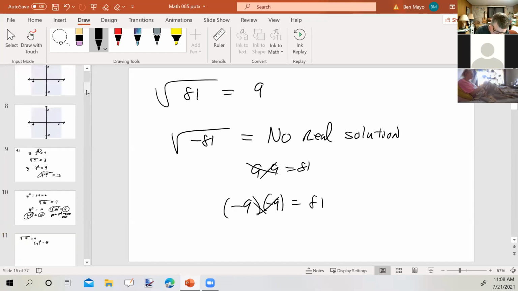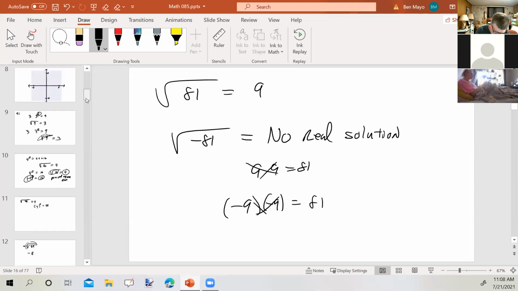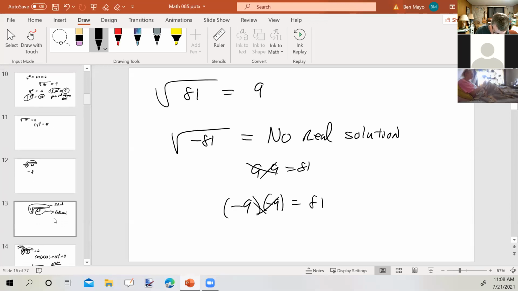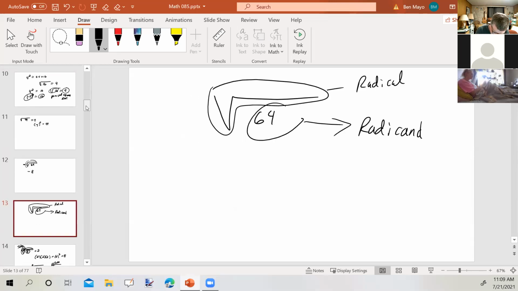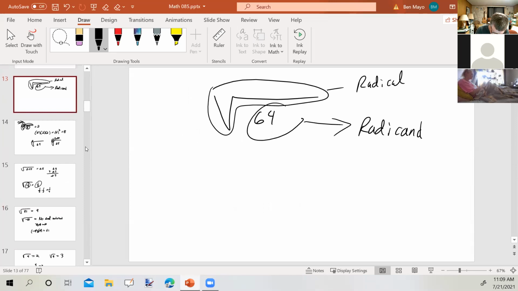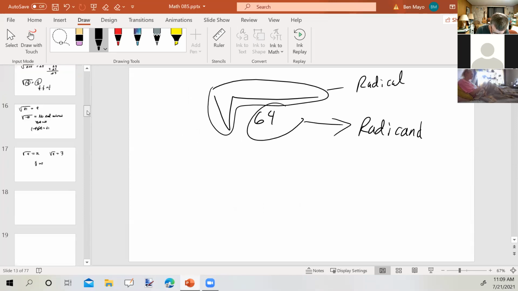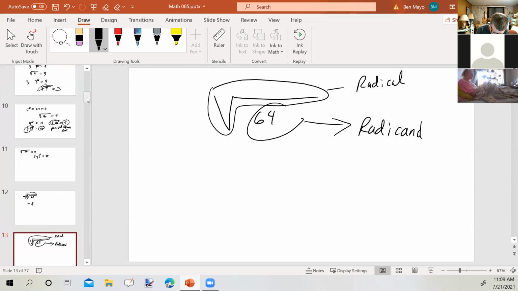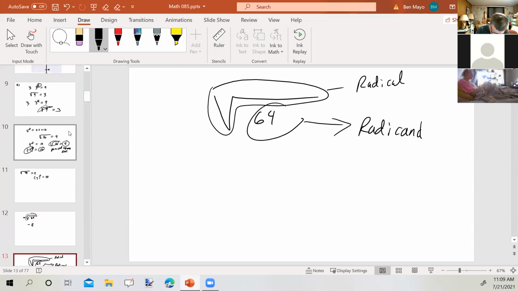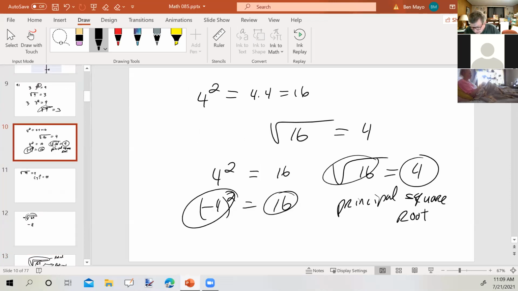Also, let's go back to this whole idea of the principal square root. Let's see, where was that? It's further down. Where did it go? There. When you take an even root, you can't get a negative answer either.